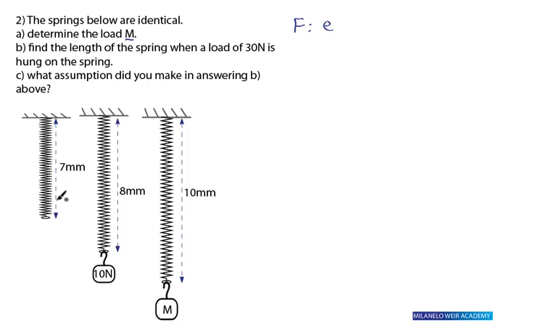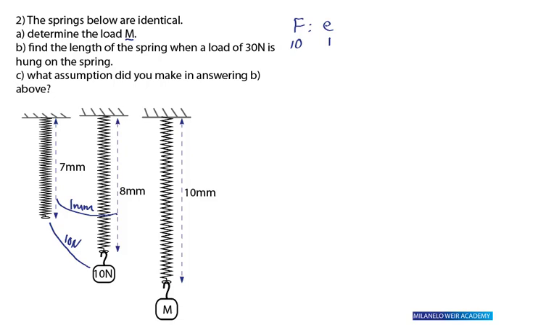So from 7 millimeter to 8 millimeter, the change, 8 minus 7, is 1 millimeter. And what causes an extension of 1 millimeter? It is this force from 0 to 10. 10 minus 0 is 10 Newton. That's one thing that we have already determined.